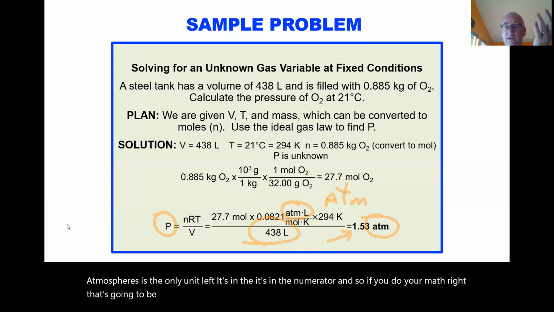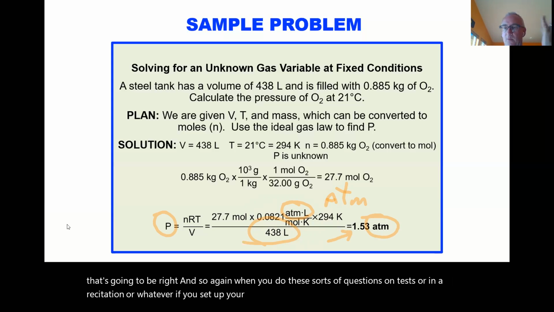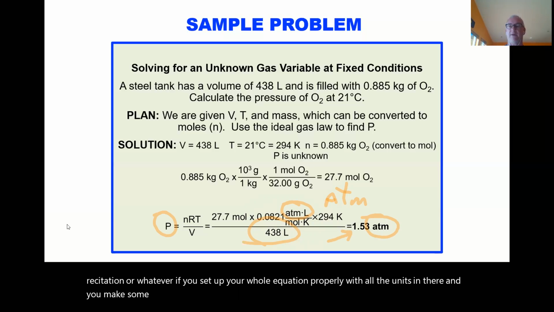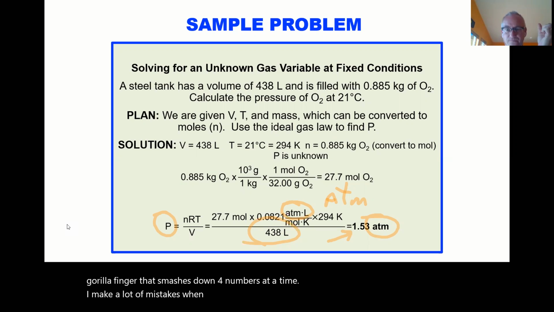And so again, when you do these sorts of questions on tests or in a recitation or whatever, if you set up your whole equation properly with all the units in there, and you make some dumb mistake, like I typically do, I'm using my gorilla finger that smashes down 4 numbers at a time. I make a lot of mistakes when I use the calculator.